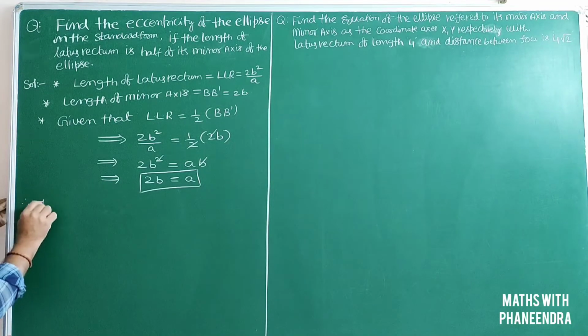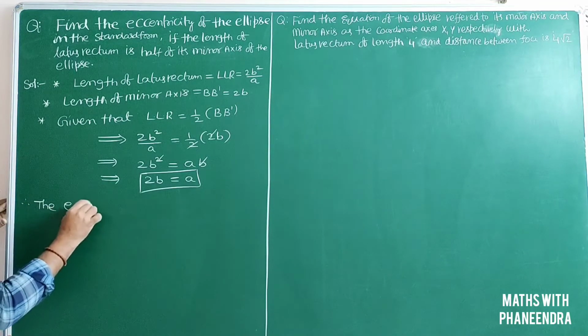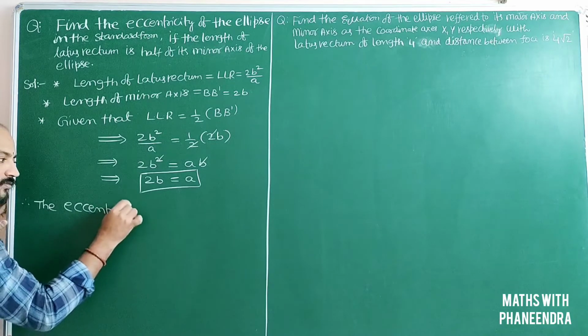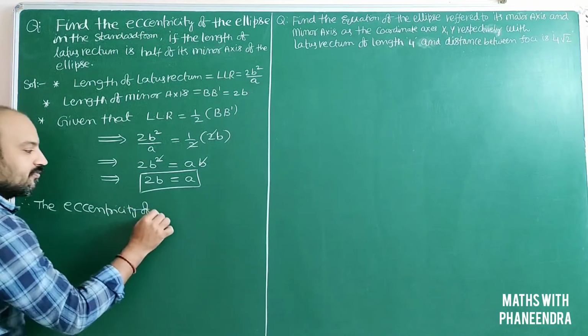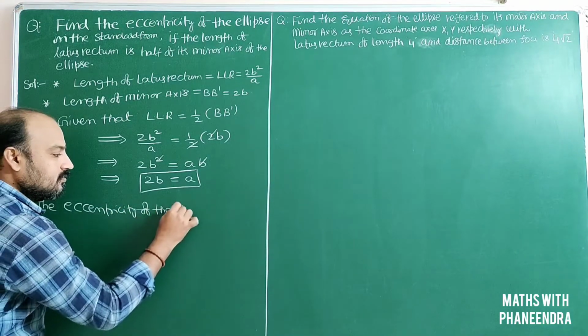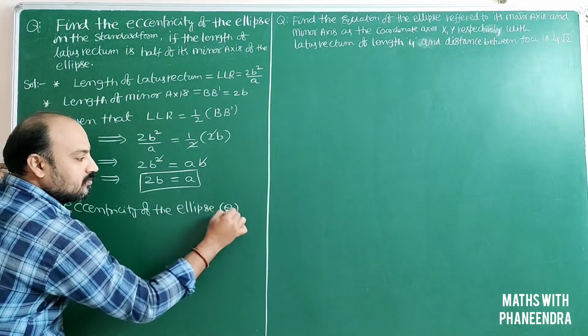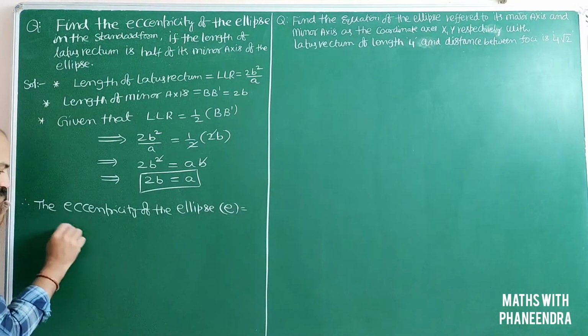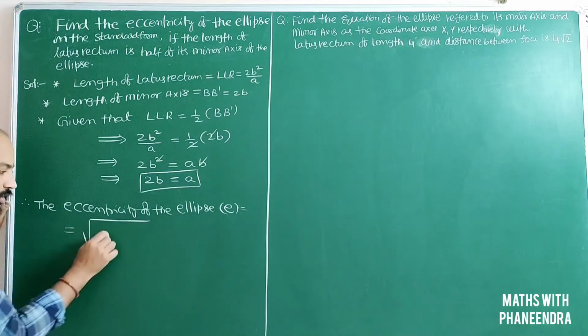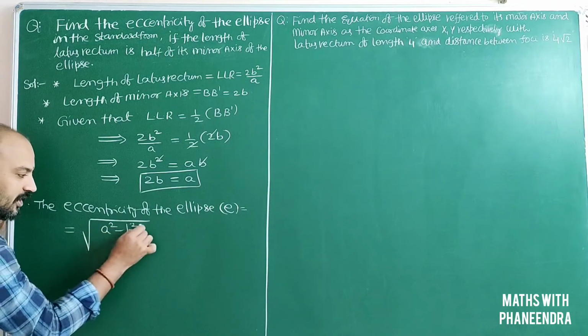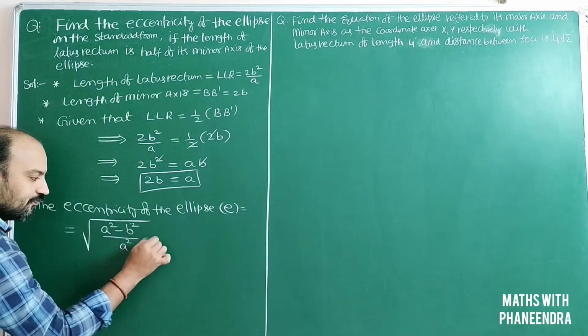Therefore the eccentricity of the ellipse, e equal to square root of a square minus b square divided by a square.